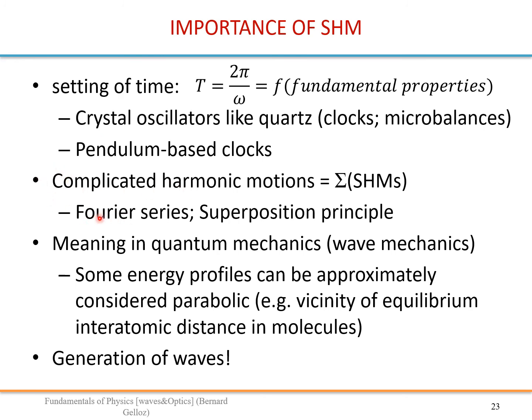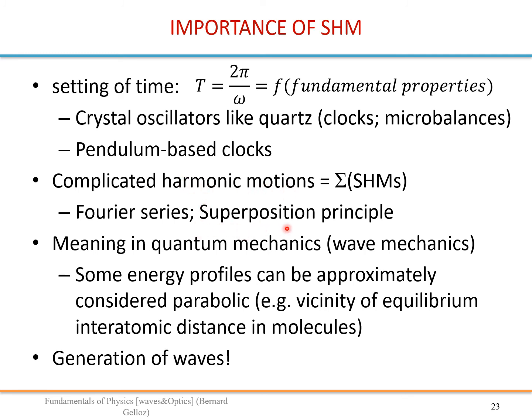One important thing is Fourier series. Any periodic function can be expressed as a sum of cosines and sines. This is known as the Fourier theorem. It has been extended to the Fourier transform, to be used for any kind of function, not only periodic functions.